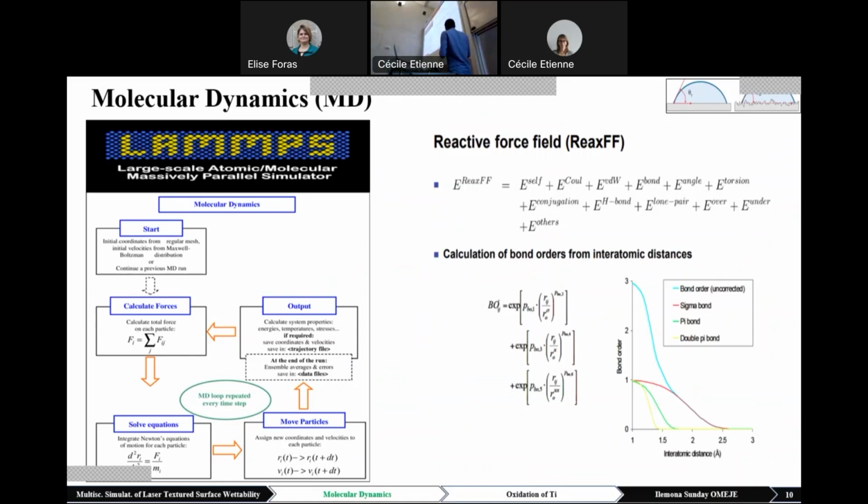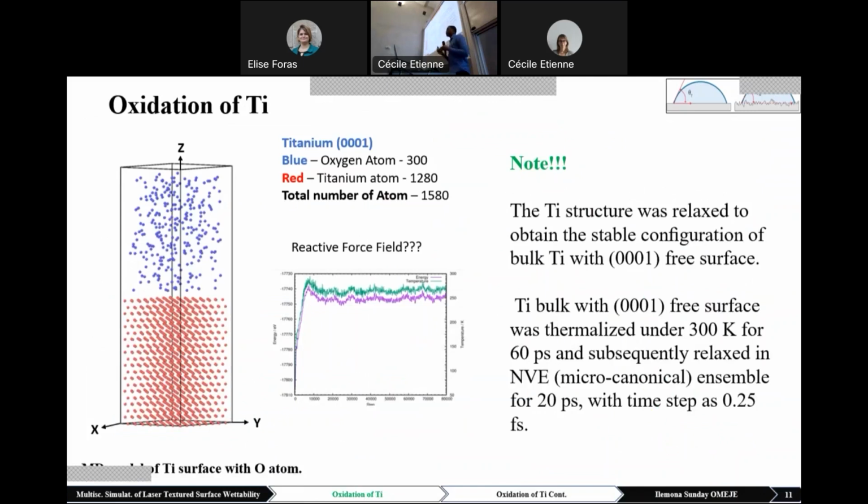First of all, we started by carrying out oxidation of titanium to understand how oxidation on this material behaves. I won't go much into the details of this because it's still a work in progress, and our results are yet to be published.